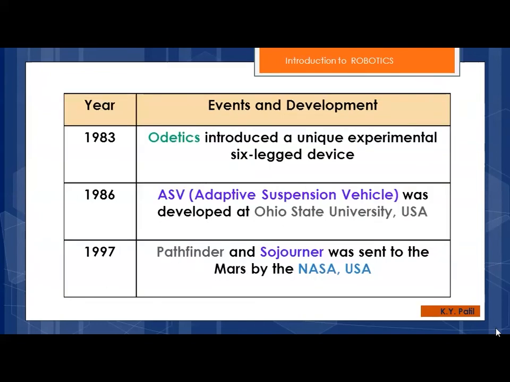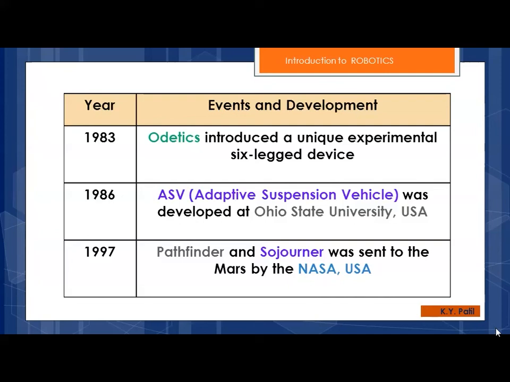Then in the year 1983, Odetics, the robotics company, introduced a unique experimental six-legged device. In 1986, the adaptive suspension vehicle, in short ASV, was developed by Ohio State University, USA. In 1997, NASA USA developed the intelligent robots Pathfinder and Sojourner, and they sent them to Mars.